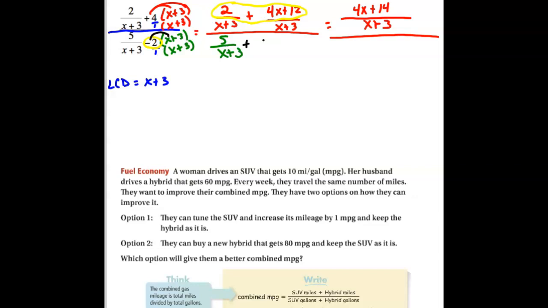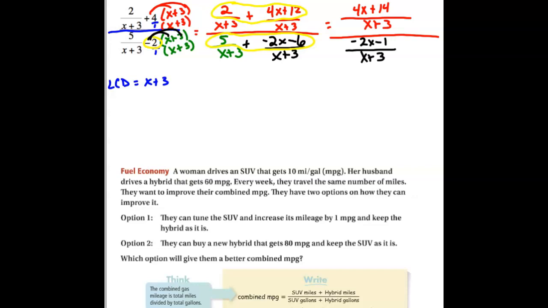Negative 2 times x would be negative 2x. Negative 2 times the 3 would be negative 6. And again, we have a common denominator of x plus 3. Combining all of our top pieces, we get negative 2x minus 1.